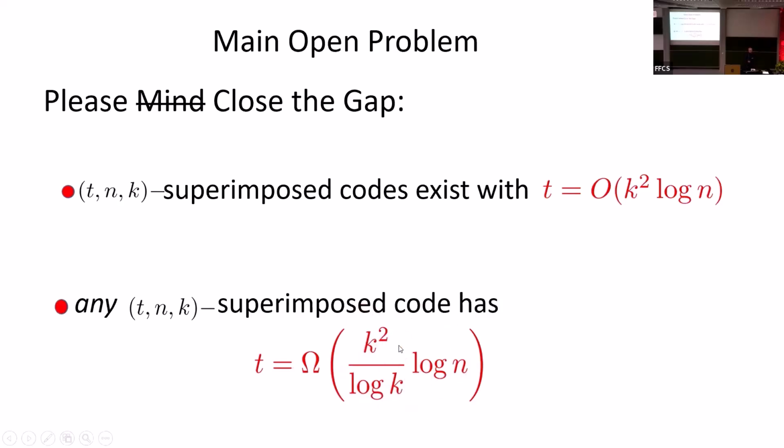And the reason is the following. All the constructions that obtain this bound are obtained through a probabilistic argument. They just randomly choose codewords, and they show that with high probability there exists a superimposed code with this length. But the probabilistic method very, very rarely gives the optimal construction.